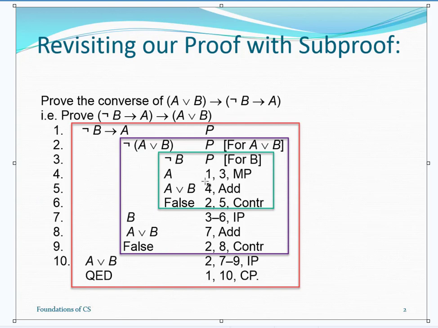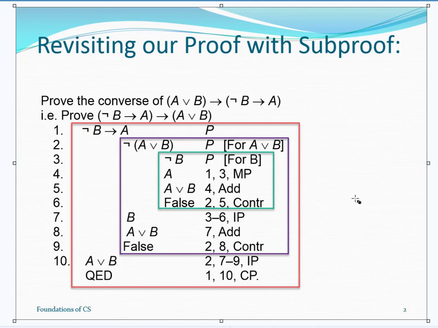So for example, right here on line 4, I'm using 1, along with line 3, this not B, and modus ponens to conclude A. And I can pull that line 1 statement whenever I want to, as long as I'm inside of the red zone or inside of one of the subzones.